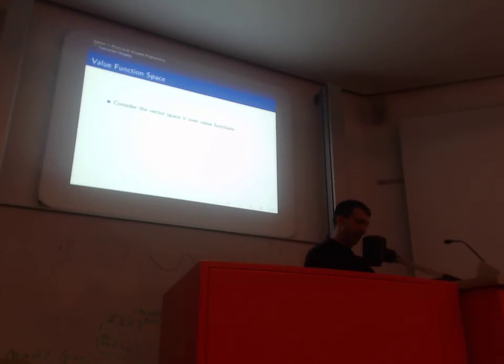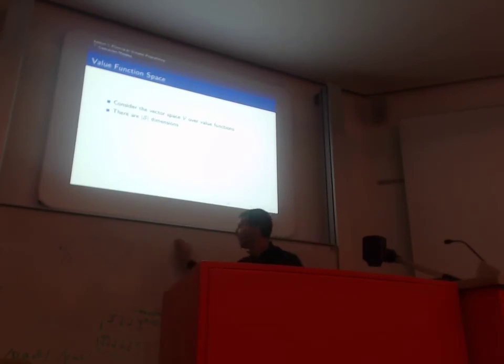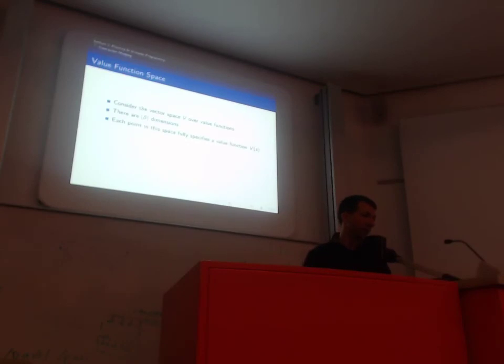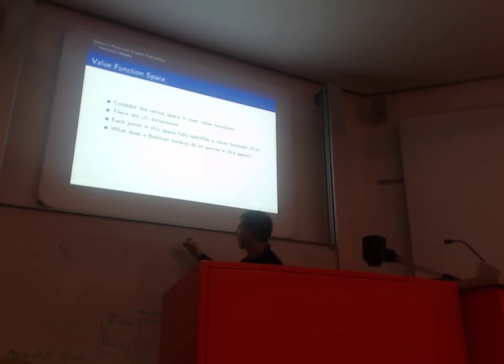The basic idea is that we're going to consider a vector space over value functions. Imagine we've got some value function v of s, and let's say there are just 3 states in our state space.